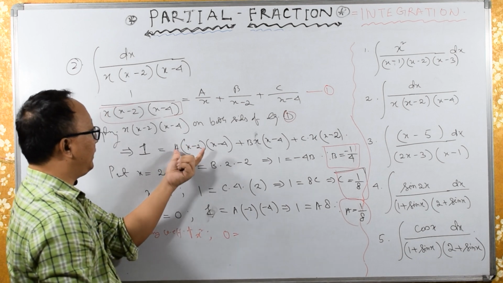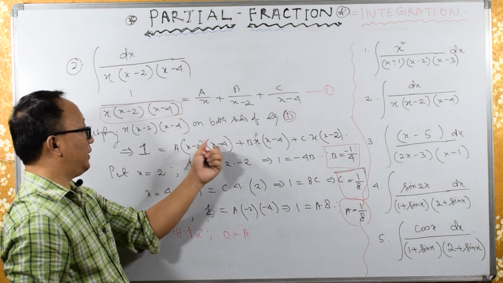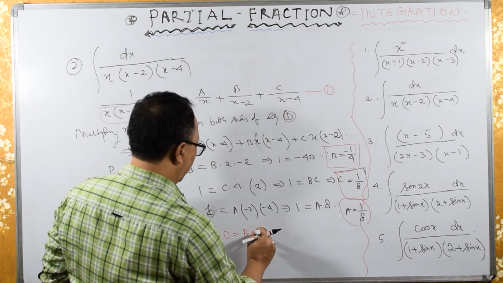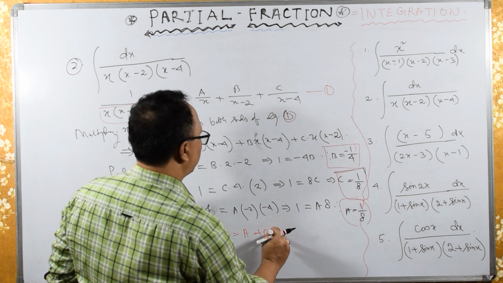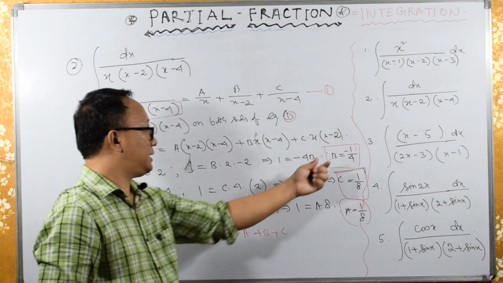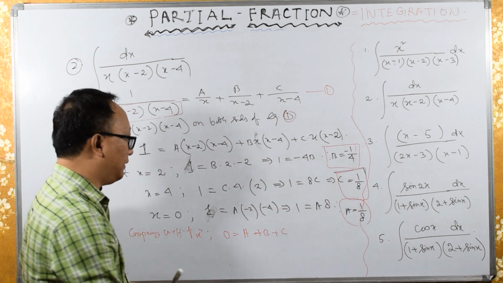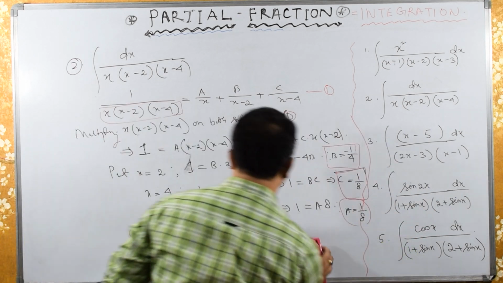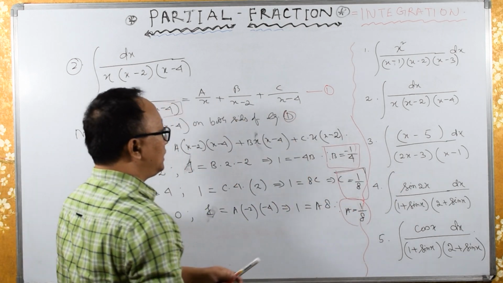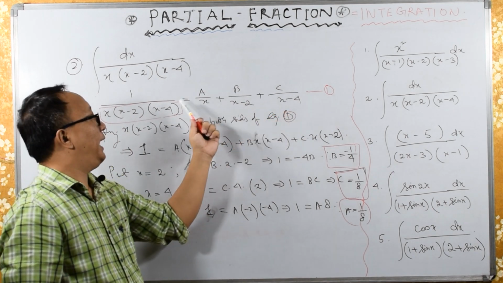On the right hand side I will get a, and also b plus c. You add b and c and you will get the value of a also. This is somewhat lengthy, so let's not do it this way, since we already have the value of a. Substituting a, b, c in equation 1, and integrating it.